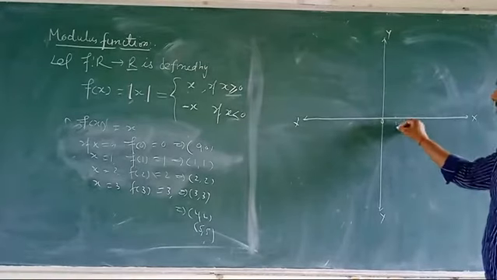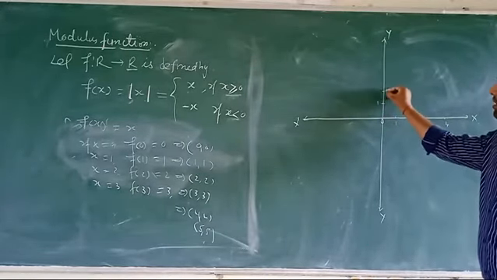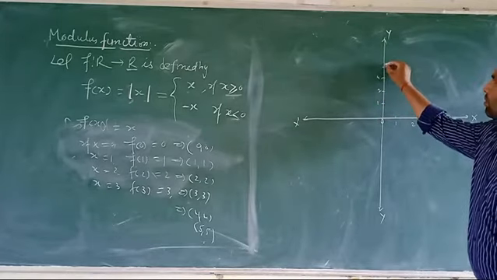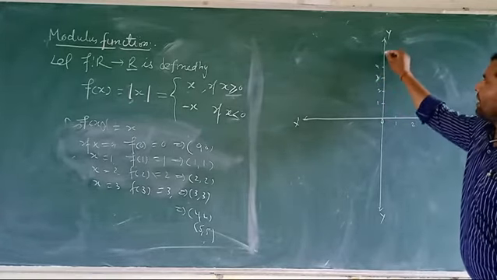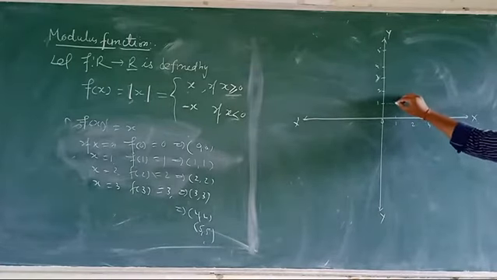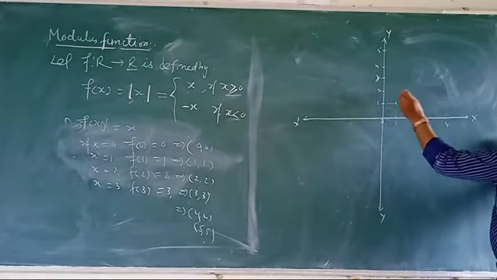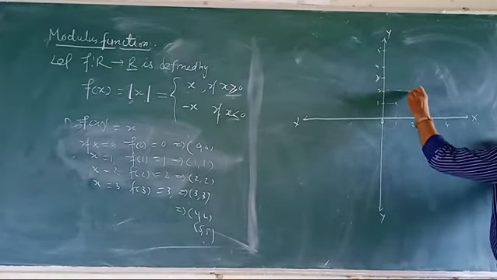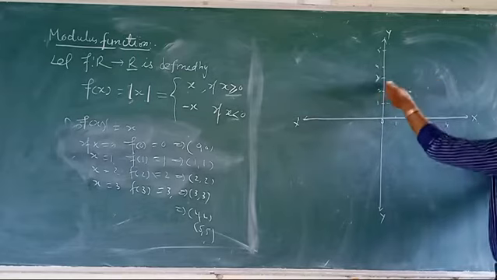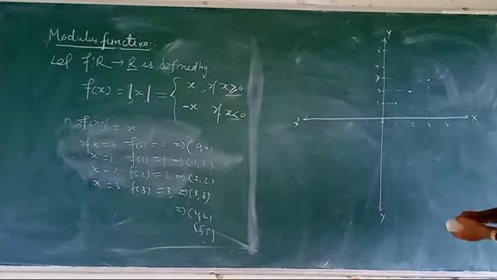Suppose here is 1, here 2, here 3, here 4, and 5. Then the point (1,1) is the intersecting point, and also (3,3) is here.